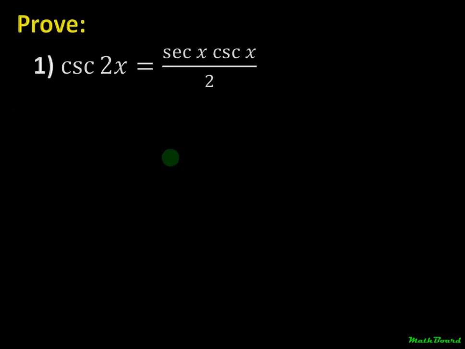Okay, let's prove this one. Cosecant 2x equals secant x cosecant x divided by 2. We need to apply the double angle identity, so we have to manipulate the left hand side, which is the cosecant 2x.